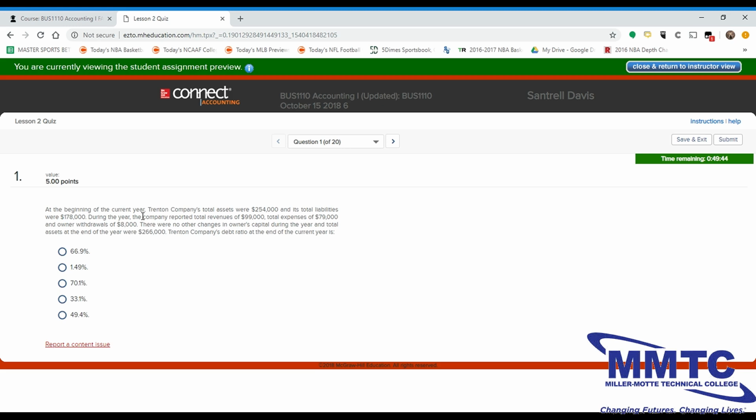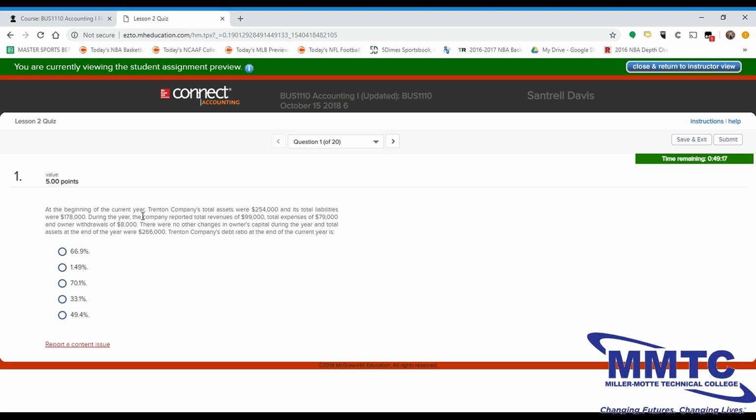Alright, let's check the rest of them. Make sure we got everything else right. 254. Total liabilities were 178. 99 for revenue, 79 expenses, 8,000 for withdrawals. Ending assets 266. Okay, so let's see.